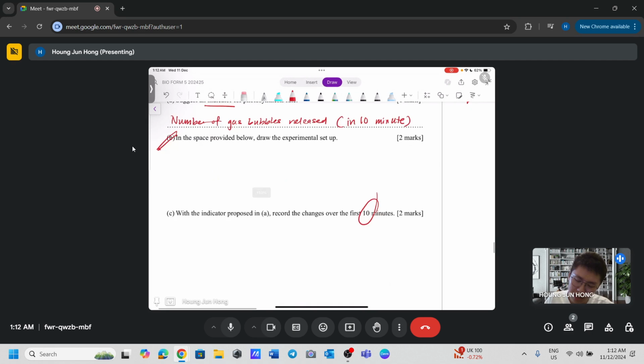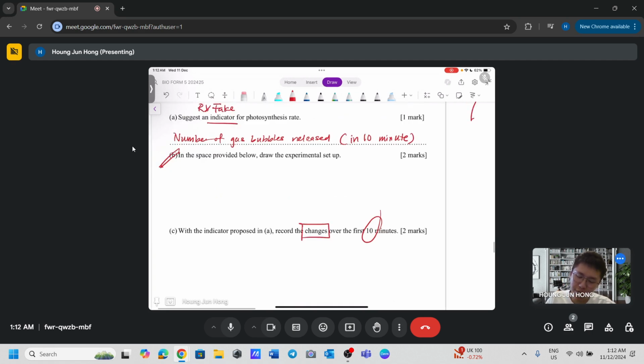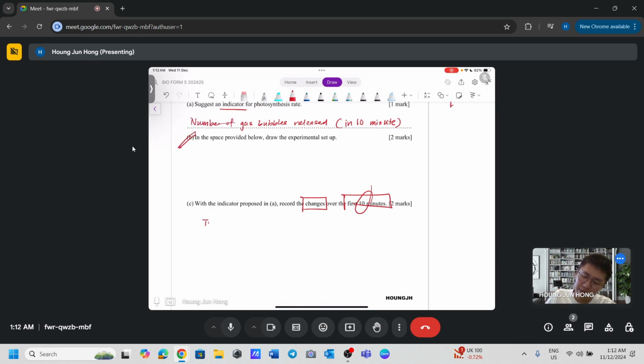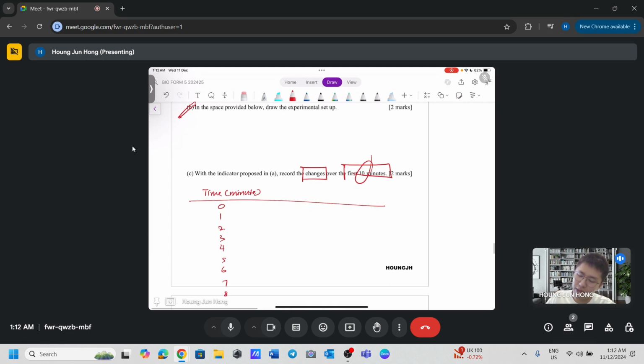Next question: record the changes over the first 10 minutes. What does it mean? You're going to do a table with time in minutes, from 0, 1, 2, 3, 4, 5, 6, 7, 8, 9.